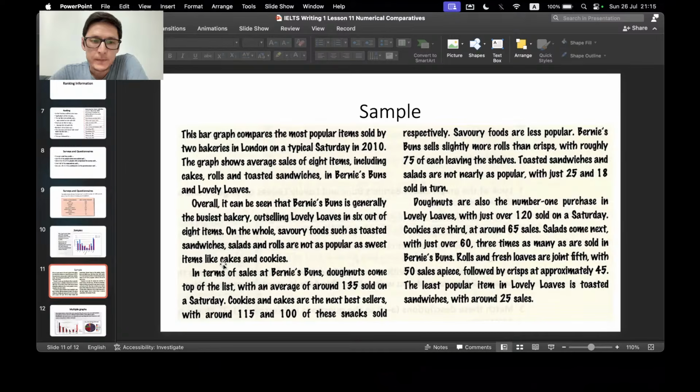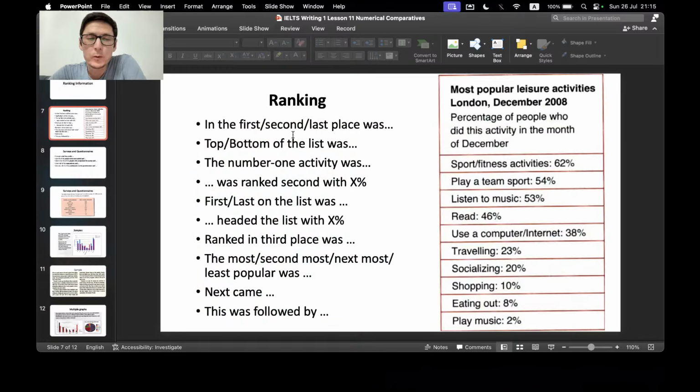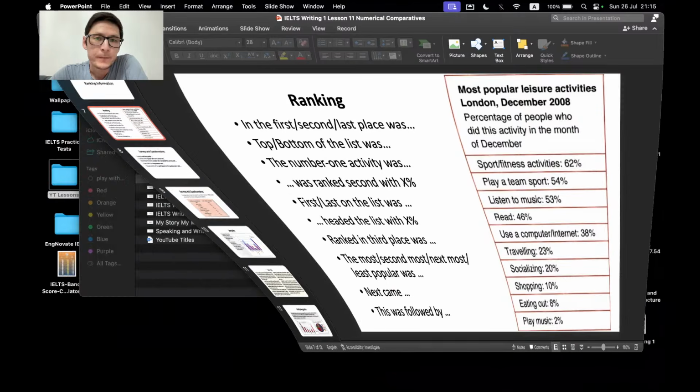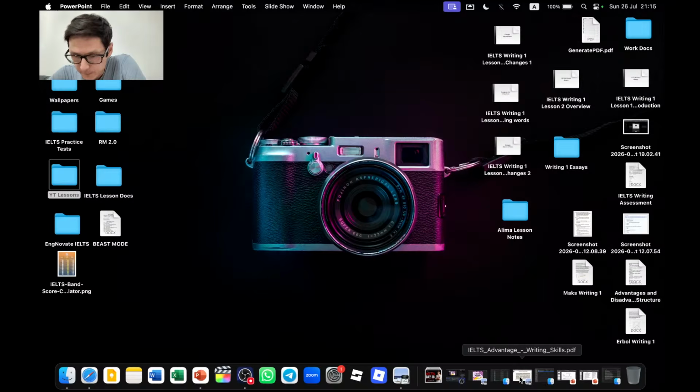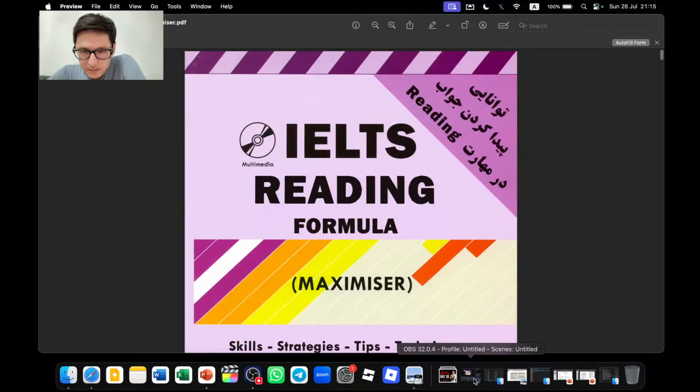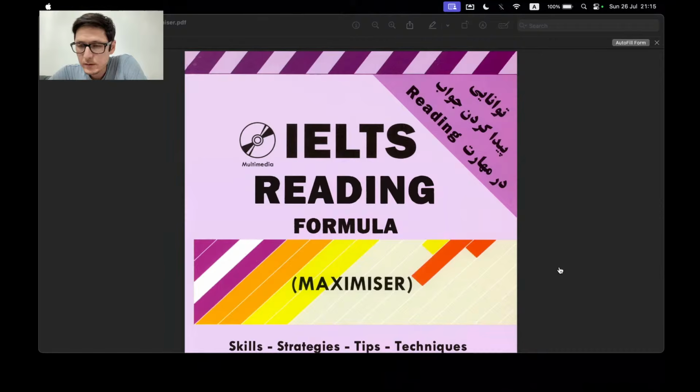Then you have to dig into details. You make a ranking. Top one was this one at the top of the list. The second came following that, and at the very bottom of the list was something. Okay, it's that simple. I don't think that it needs to be explained. It's actually easy. If you have any questions, you can look at the sample and understand.